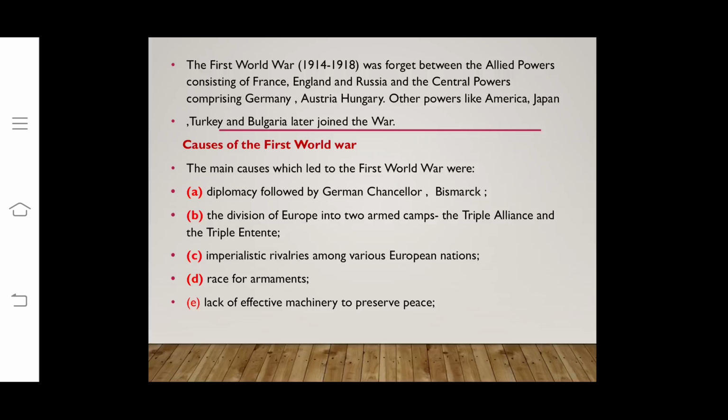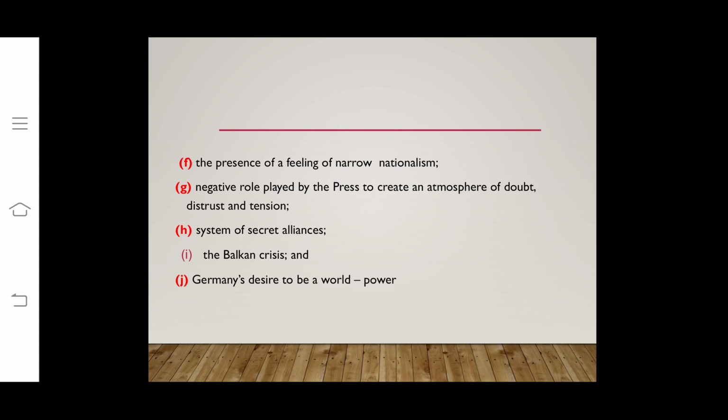Negative role of the press. Newspapers and media poisoned public opinion by presenting views in such a manner so as to increase their sale. Their hostile propaganda created an atmosphere of doubt, distrust, and tension, which proved harmful to world peace.